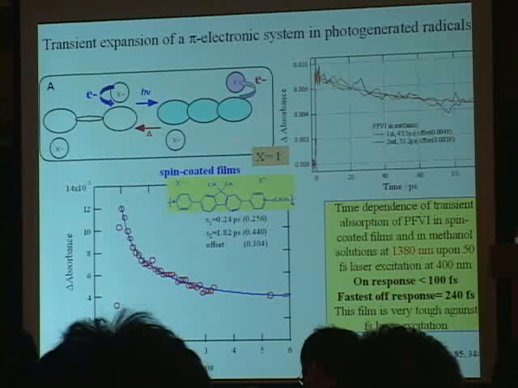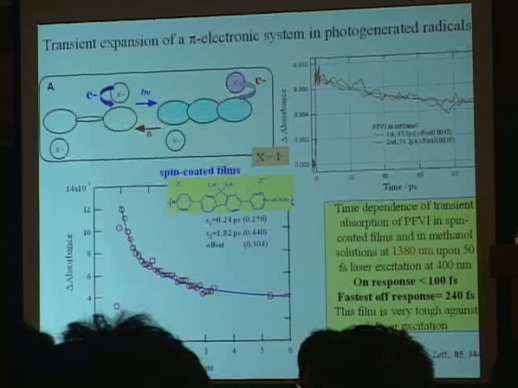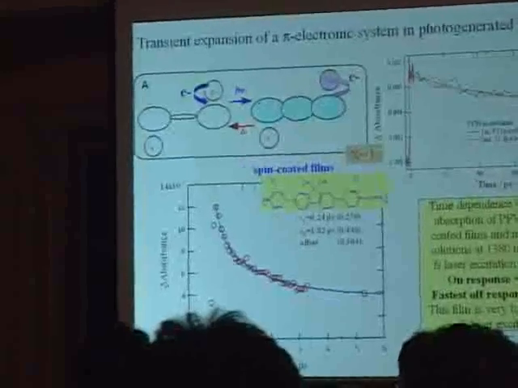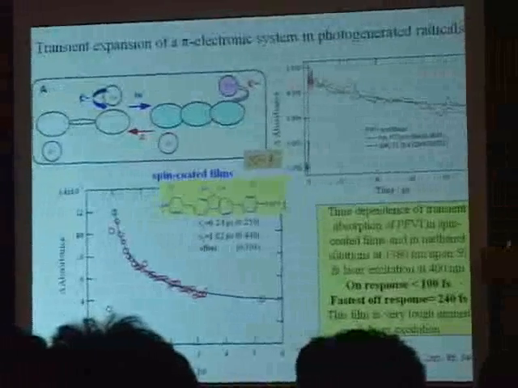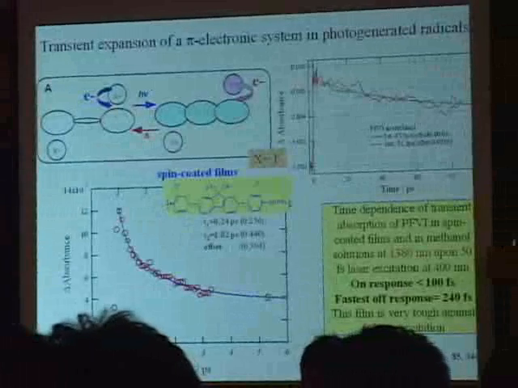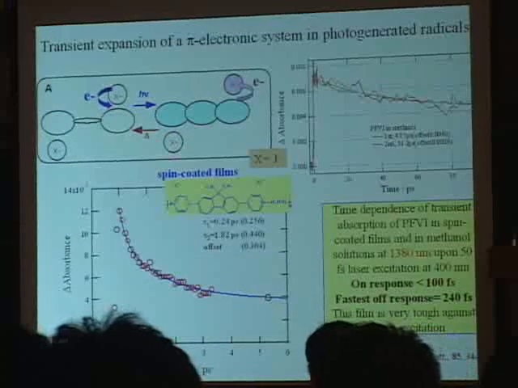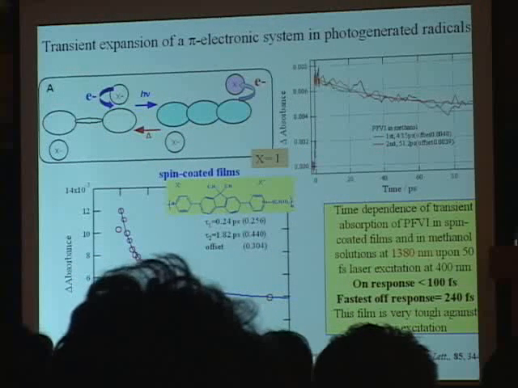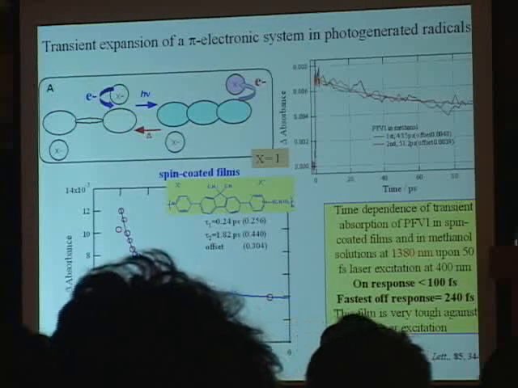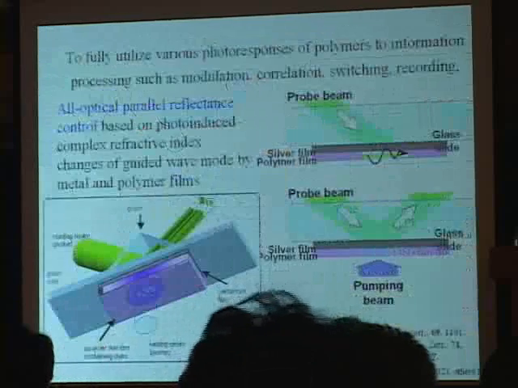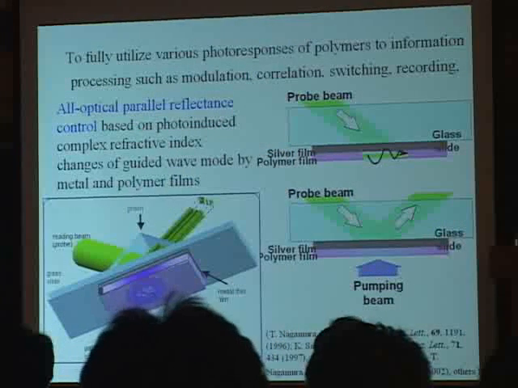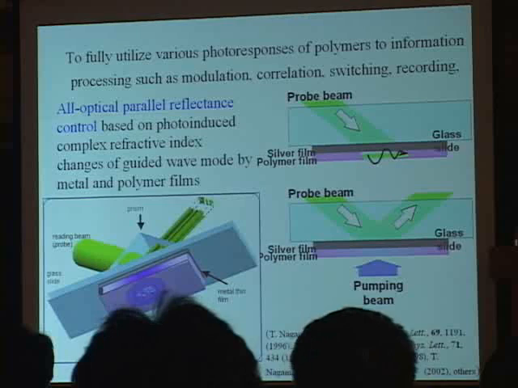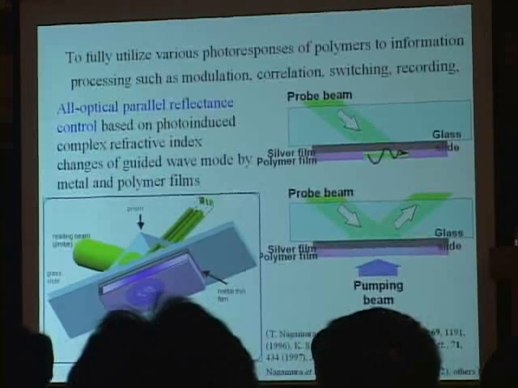The electron is actually transferred from the counter anion to this unit, and this pi electron expansion actually occurs, but it rapidly returns the electron to the counter anion. So only instantaneously can we observe this color change. But we can use this color change in the later section.